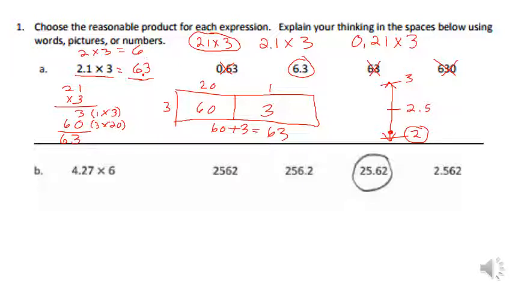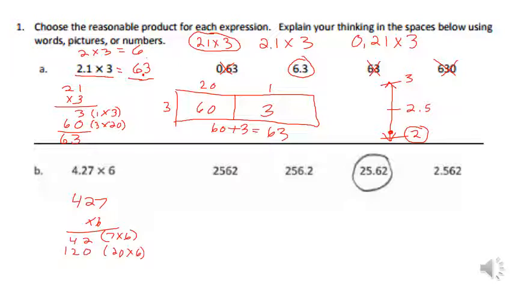Question B, we're going to do the same thing, but this time I'm going to stick with partial product. This time I'm going to use 427 times 6. And we go, this is 7 times 6, which we know is 42. Our next one we have 20 times 6, which is 120.